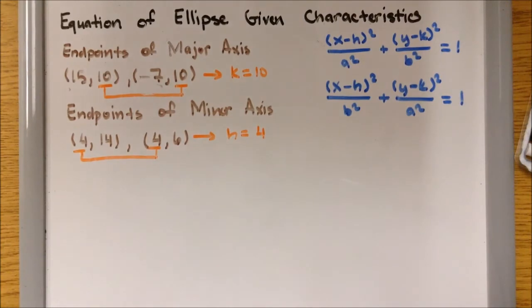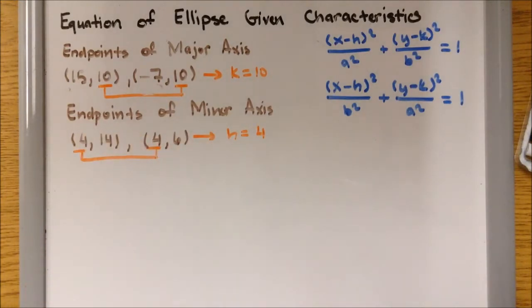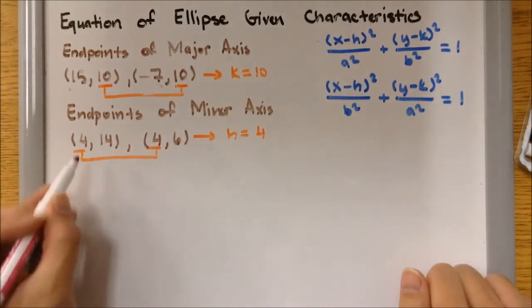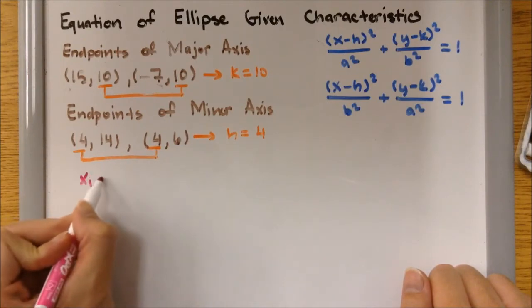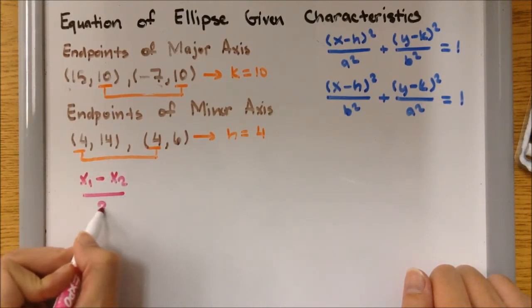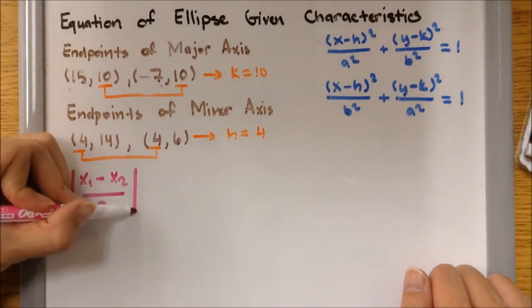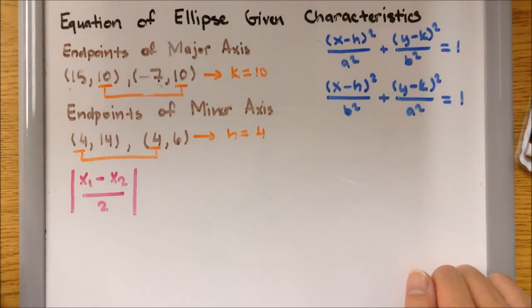In order to find the distance between the two points for the major axis and the two points for the minor axis, we're going to use these formulas: x1 minus x2 divided by 2 within the absolute value, because distance will always equal a positive number.